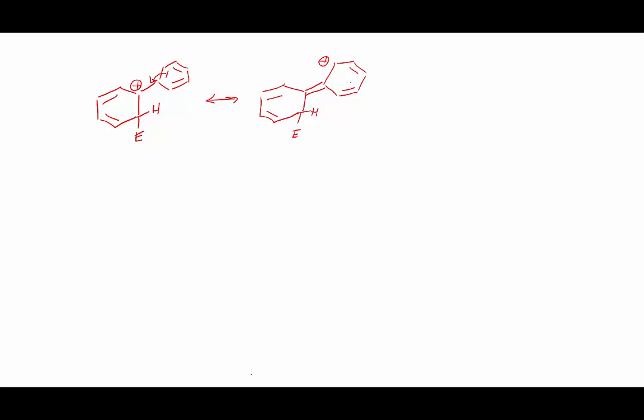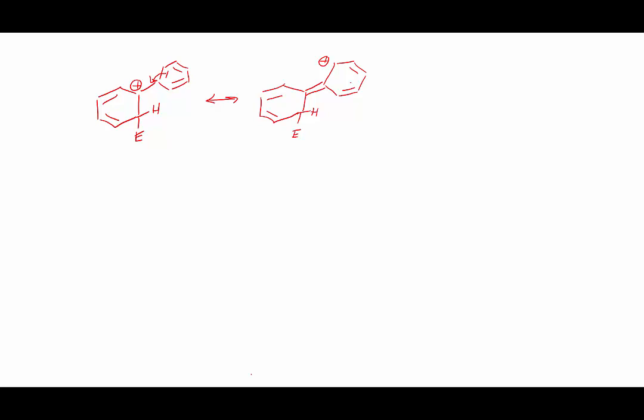So one of the double bonds from the ring can now be used to form an additional resonance structure. And in this case, how many more resonance structures could I draw? I could draw 2 more if I delocalize the positive charge in that second ring.